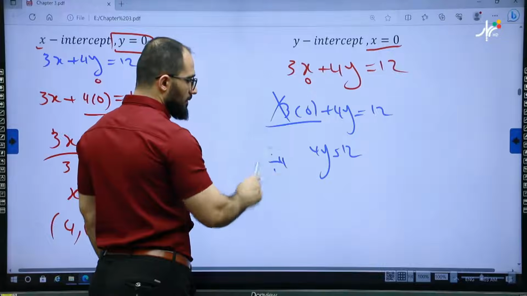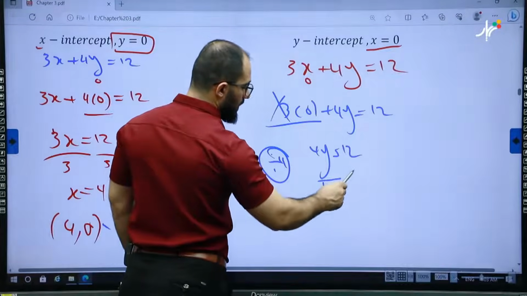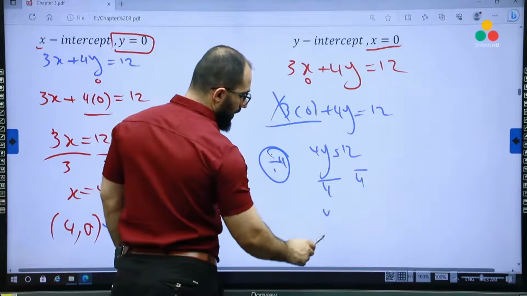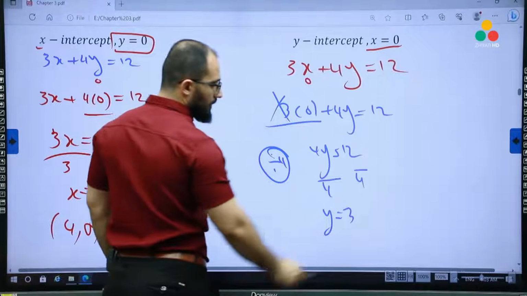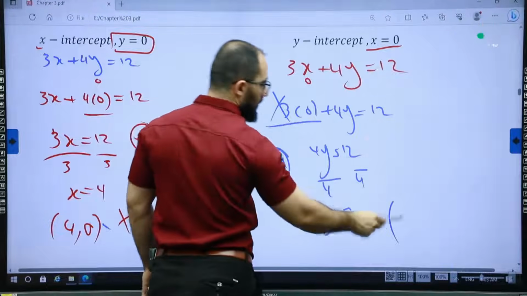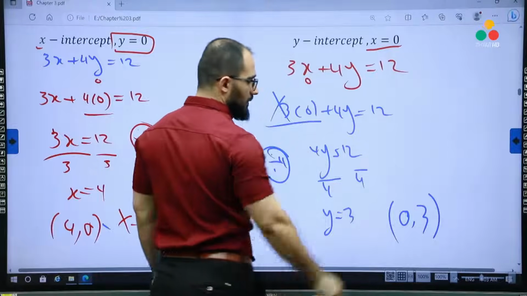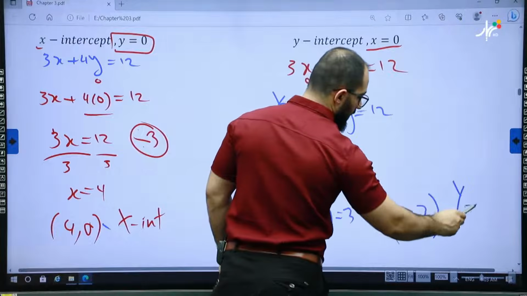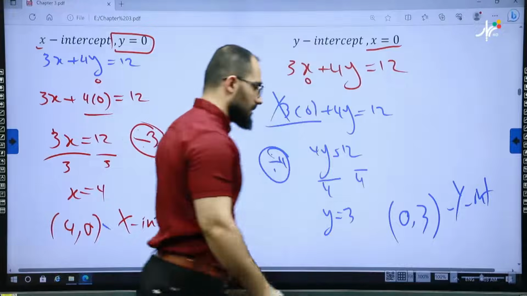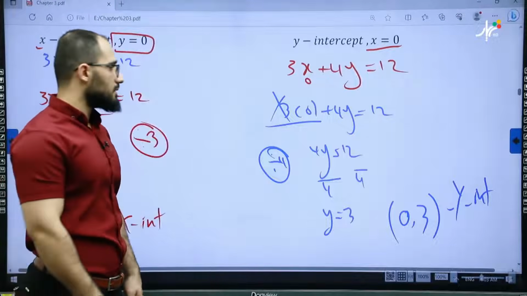Divide both sides by 4, so y is equal to 3. X was 0, y is 3. So this is the y-intercept.